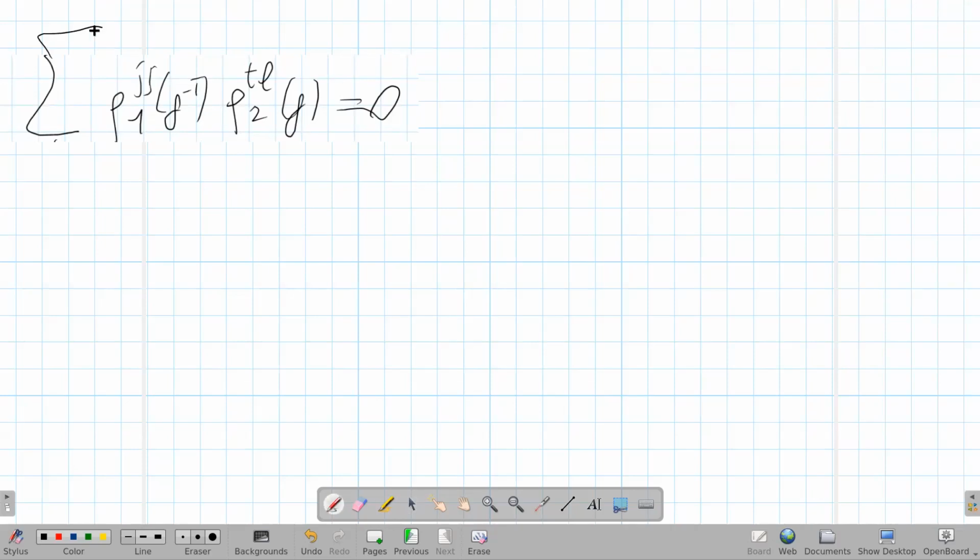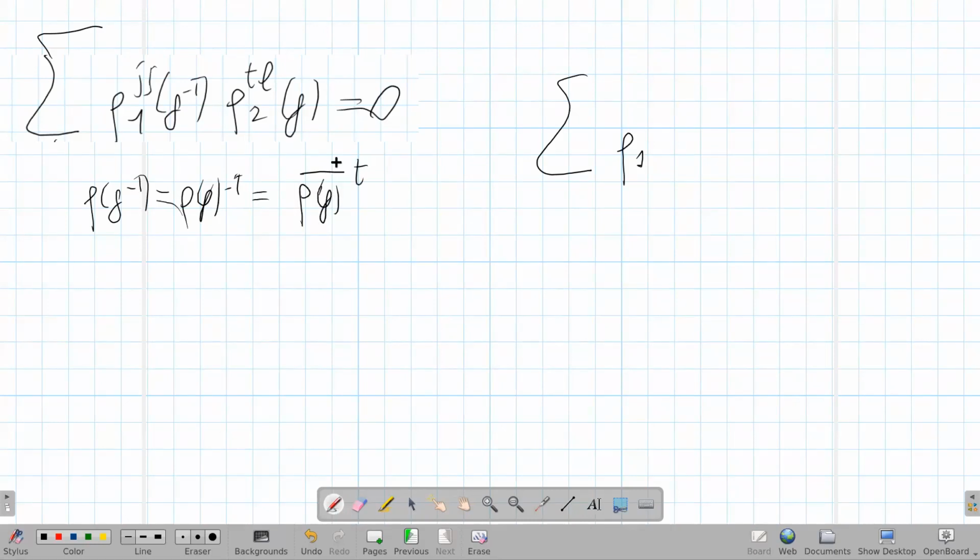Okay, so this can be rewritten. This is the jk component of the conjugate. So you can rewrite it as what? Since, as I said, rho G inverse is rho G transpose conjugate, this is the jk element of rho G inverse.